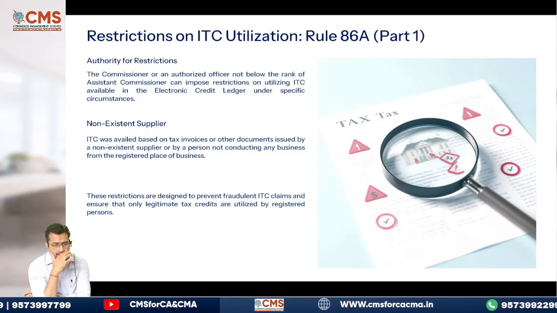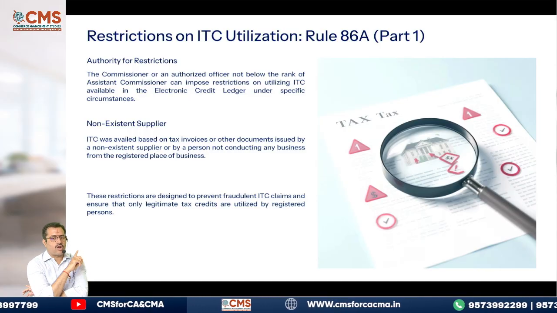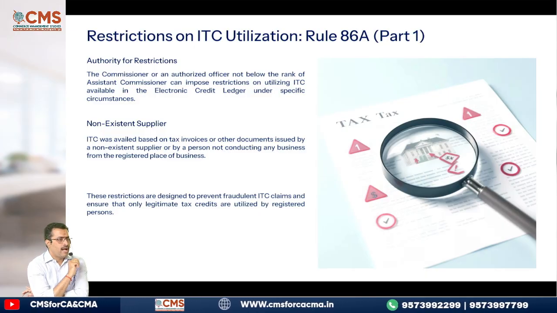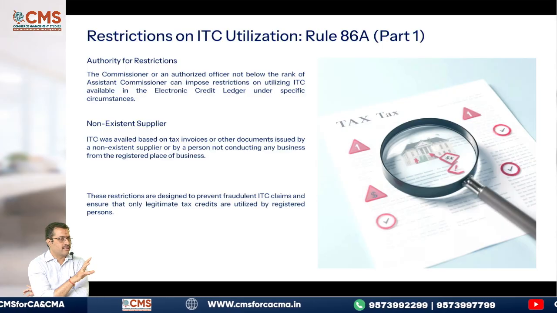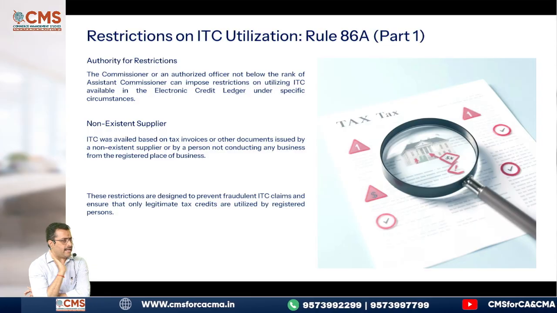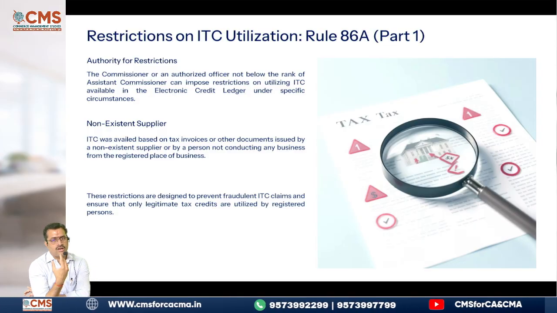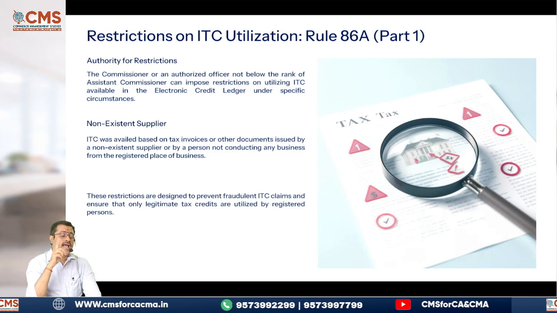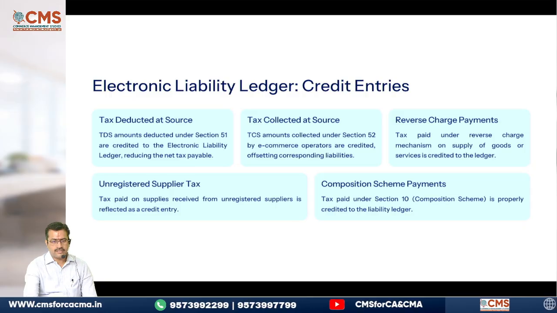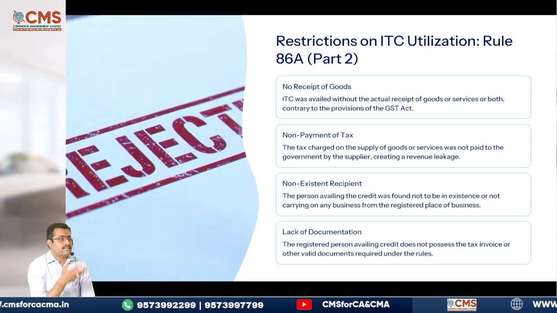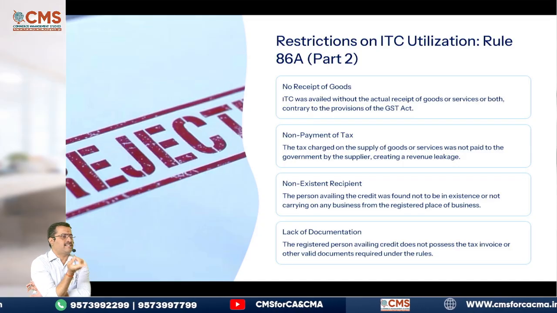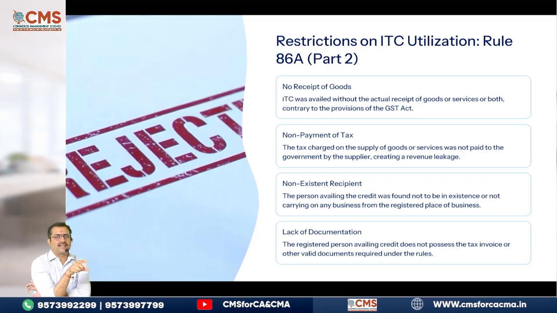So let's understand carefully. The commissioner or an authorized officer not below the rank of assistant commissioner can impose restrictions on utilization of available ITC. If you are not an existent person, that is, you are not at all available, ultimately you cannot avail the ITC at all. You are not carrying on the business, you cannot avail the ITC. If you are not receiving the goods, or if the conditions in section 16 are not satisfied, the officer can restrict your ITC.